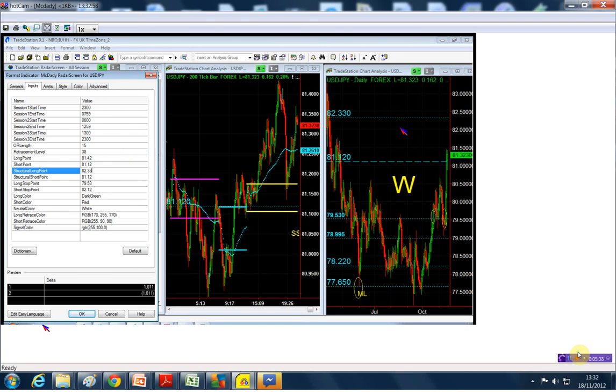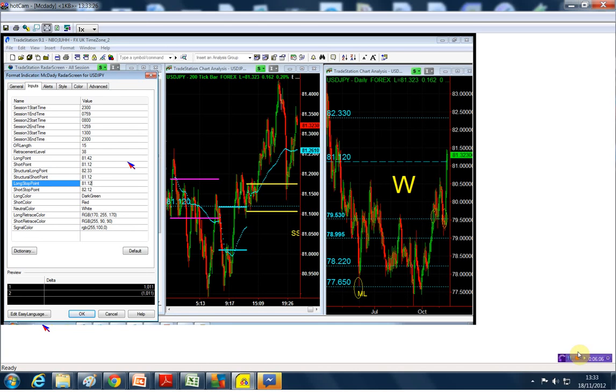And our stop, if I buy it at 81.43, I have to put my stop below this. This is the only technical place I can put my stop, right above the structure point. So for the sake of simplicity, I'm going to use the 81.12 as my stop.